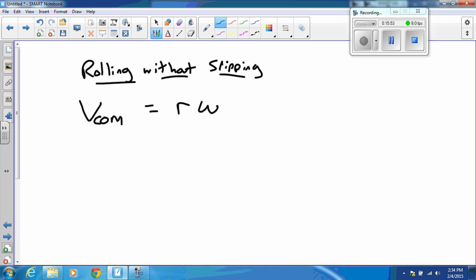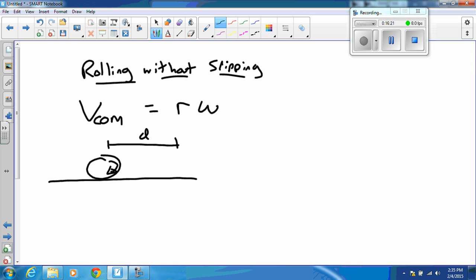So if I have an object that is rolling along here, so that it goes a distance d, as it rolls along, it is going to have a kinetic energy that is dependent upon the speed only. In other words, objects that roll without slipping have their rotational and translational kinetic energies linked together.